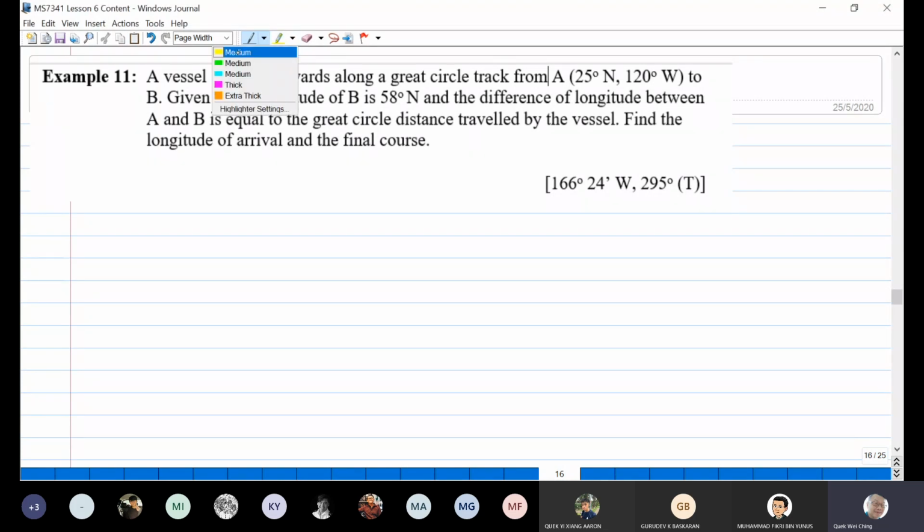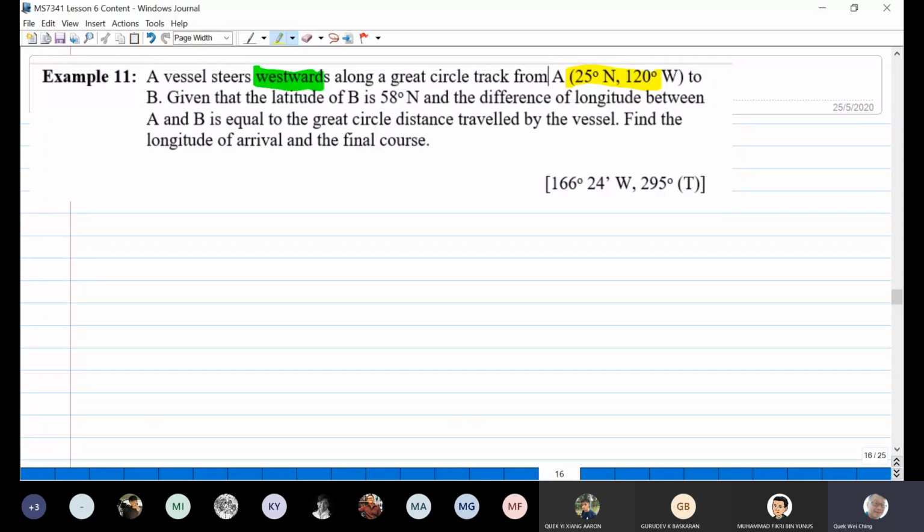So this one is actually going to the west along the great circle from A, 20 degree 25 degree north, 120 west. This is the location of point A to a point B, which we don't know.